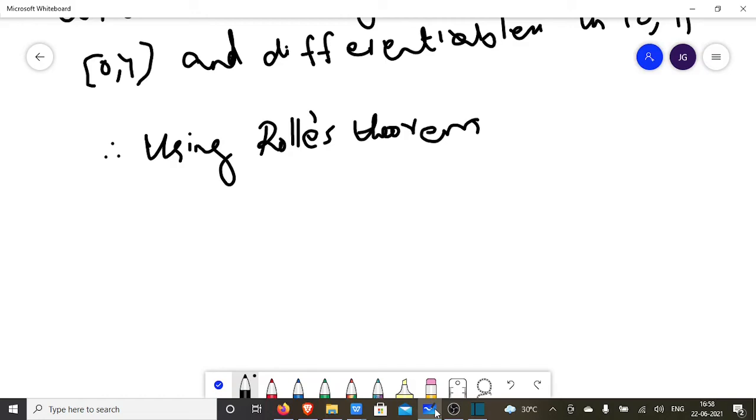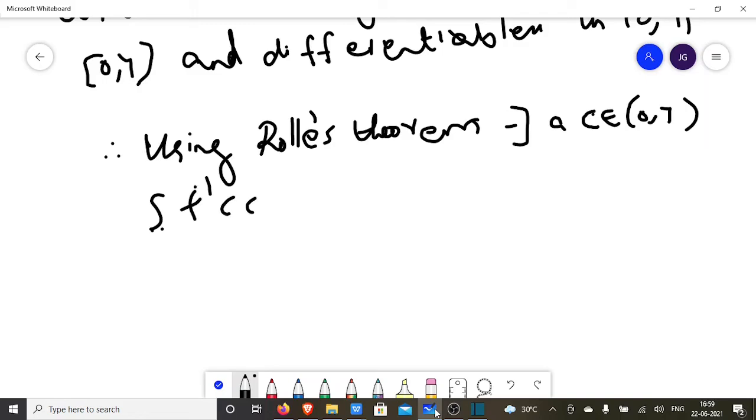Therefore, using Rolle's theorem, there exists a c in the open interval 0, 7 such that h dash c equal to 0.